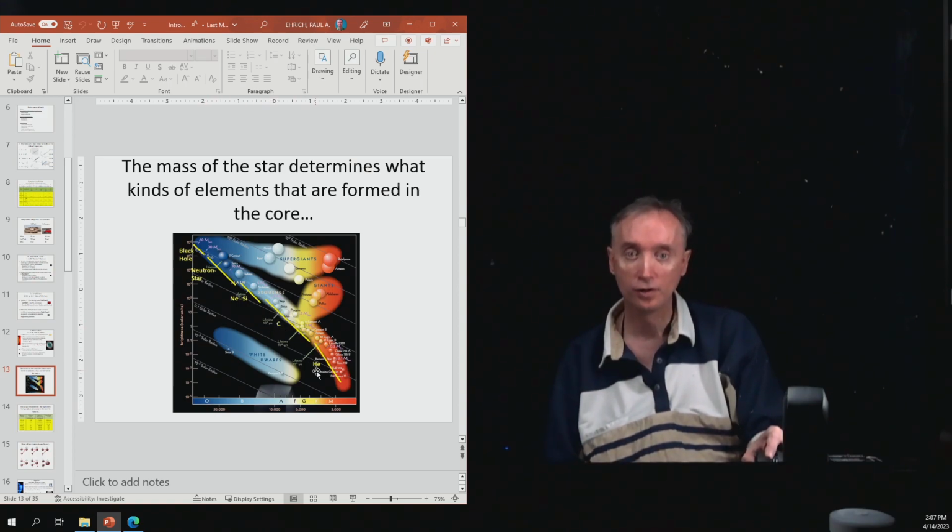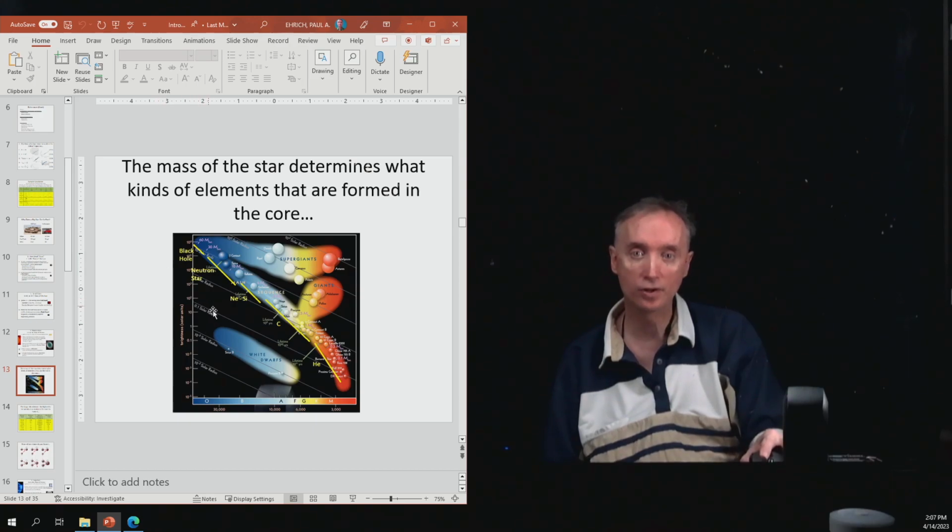If you look at the brightness, L, that's on this side, and so the low mass stars have low brightness, the medium-sized stars have medium brightness, and the high mass stars are very bright.